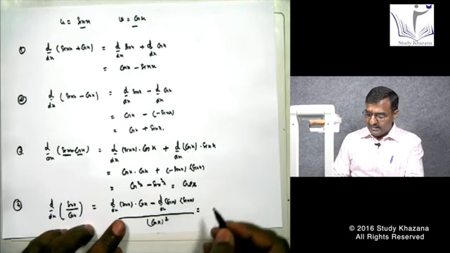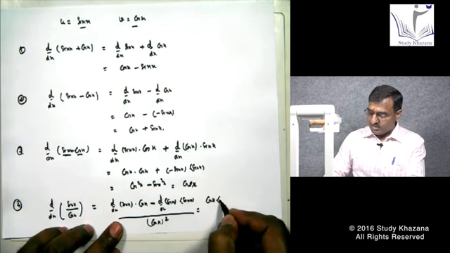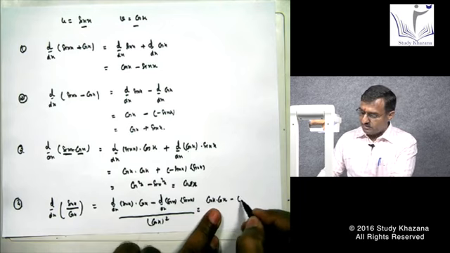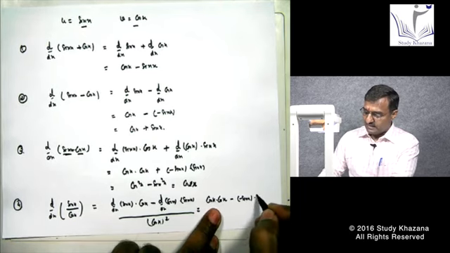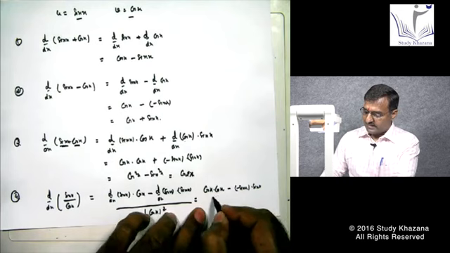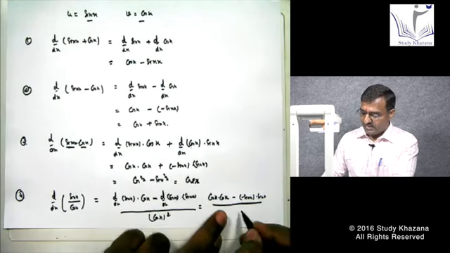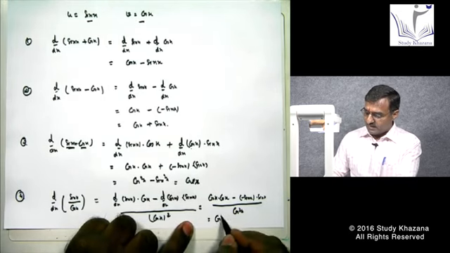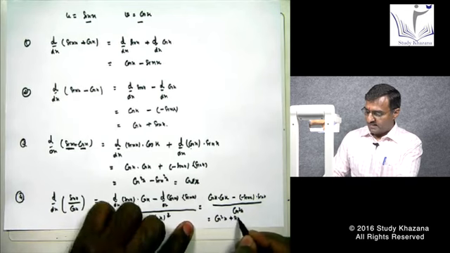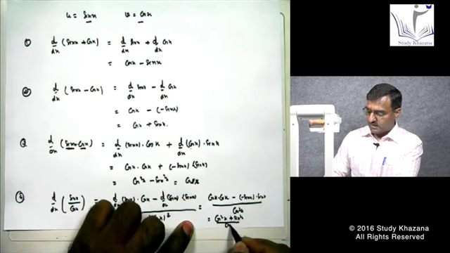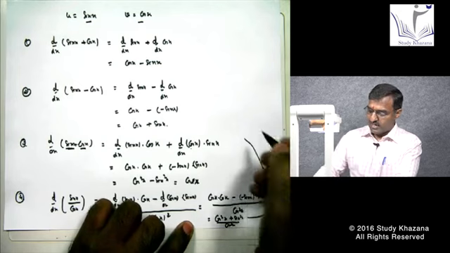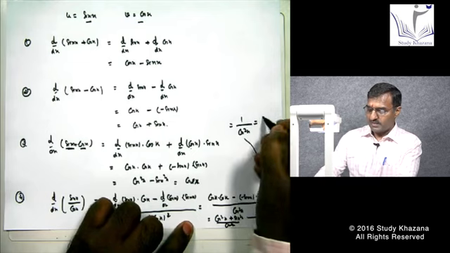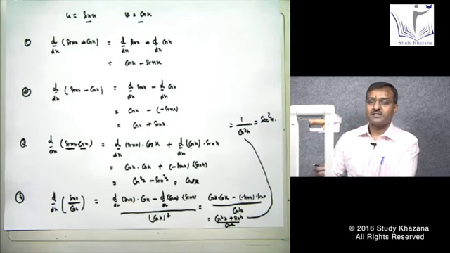So here I can write, d by dx of sin x is cos x into cos x, minus d by dx of cos x, which is minus sin x, into sin x. So what is this? Cos square x plus sin square x divided by cos square x. What will this become? Cos square x plus sin square x is 1, divided by cos square x. It is nothing but sec square x.